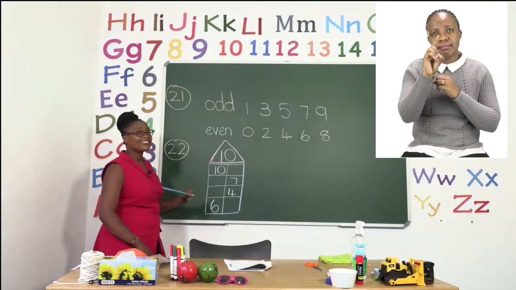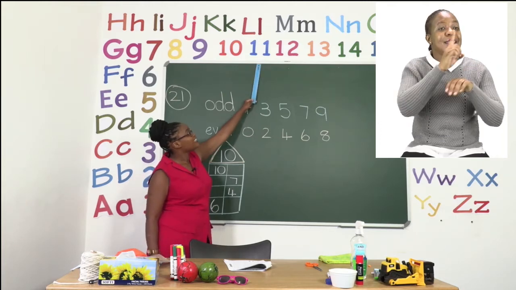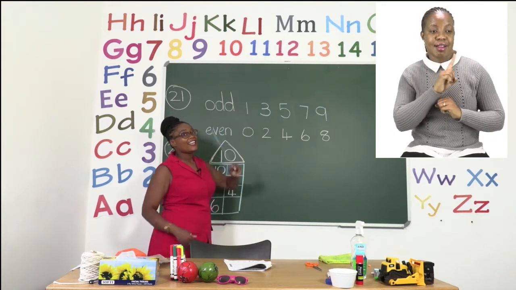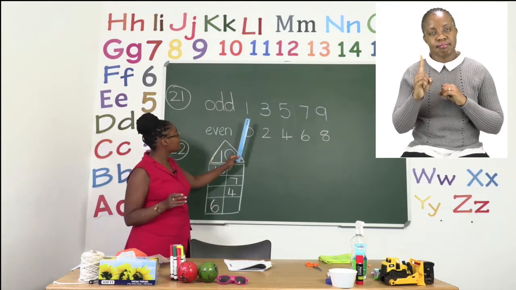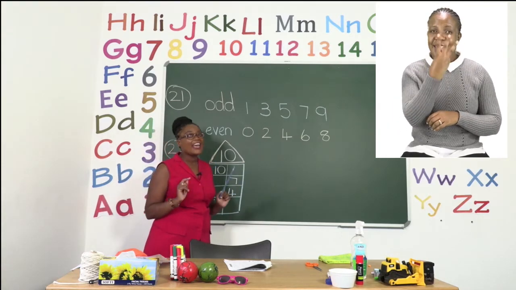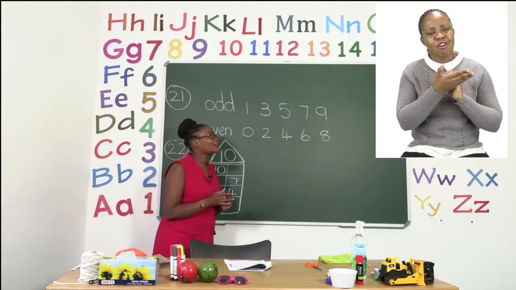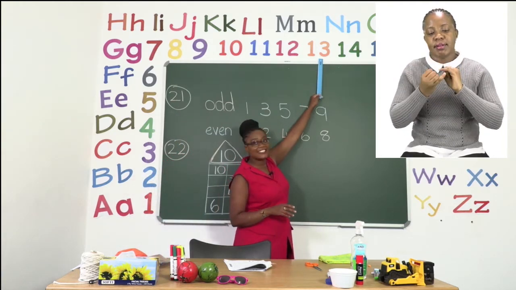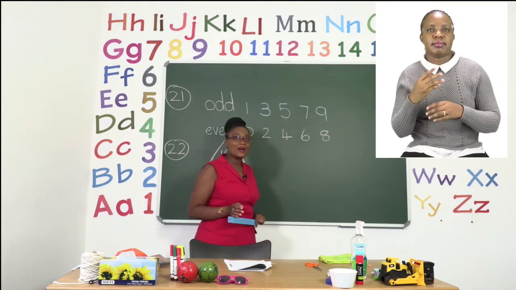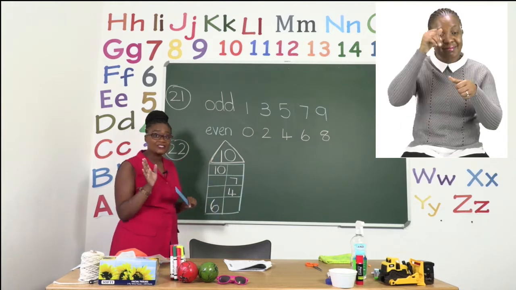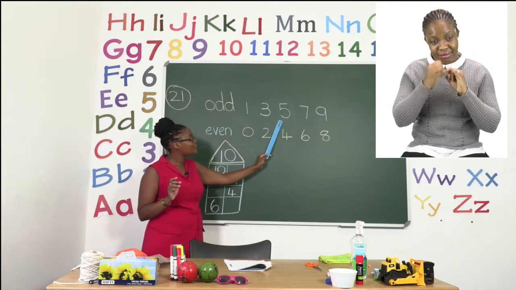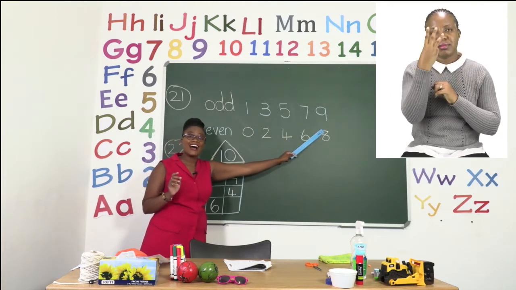For example, the number 11 is an odd number because it ends with 1. Then we have 3. So that means any number that ends with 3 is an odd number. For example, 13 is an odd number because it ends with 3. So remember, our odd numbers end with 1, 3, 5, 7, and 9.